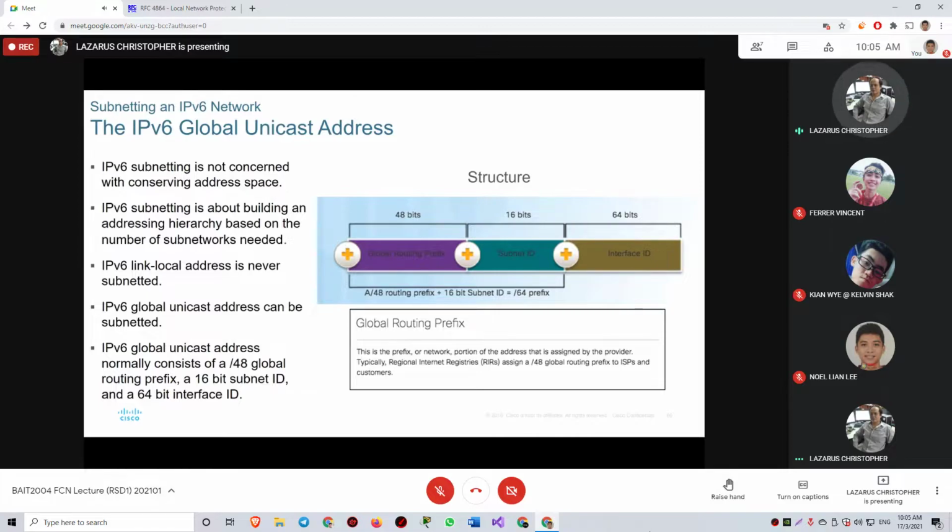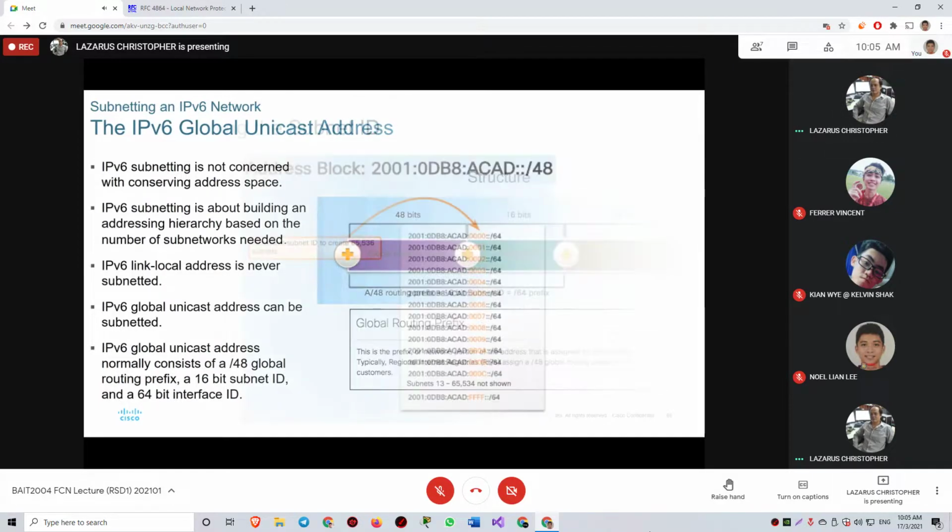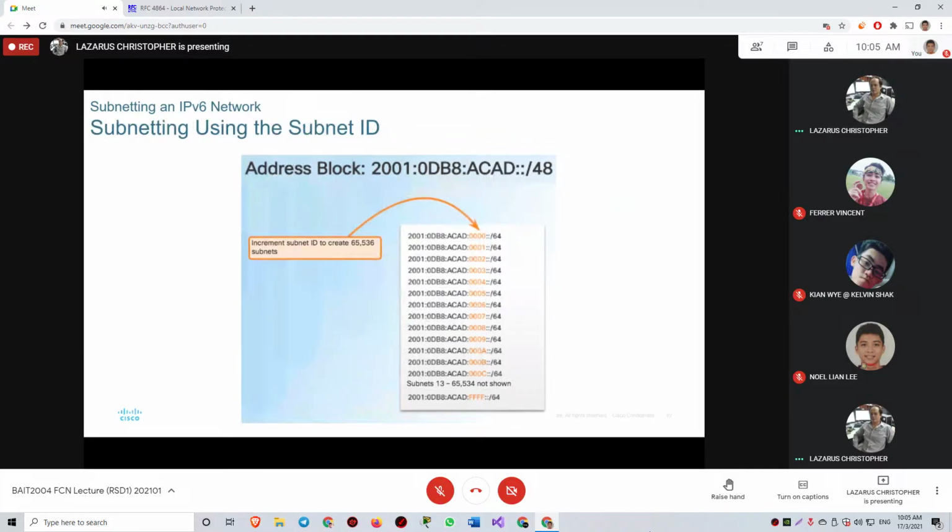When you have multiple subnets, you make use of the subnet ID. This 16-bit part is what the organization can manipulate, and the range goes from 0000 up to FFFF, the last subnet.